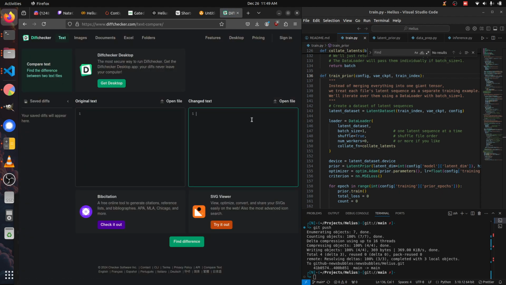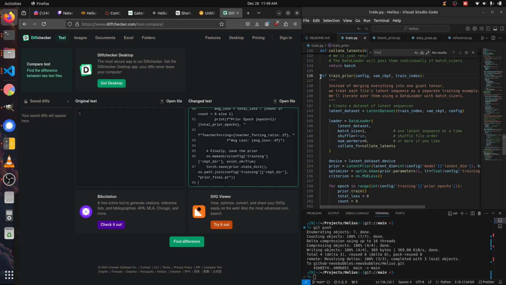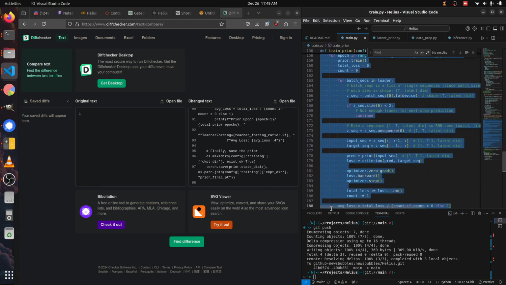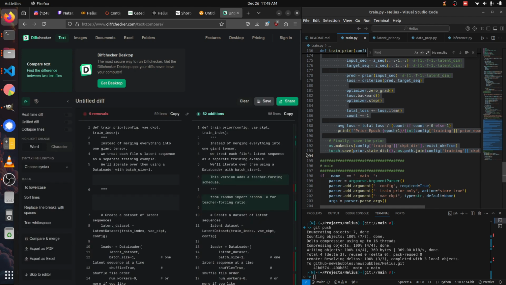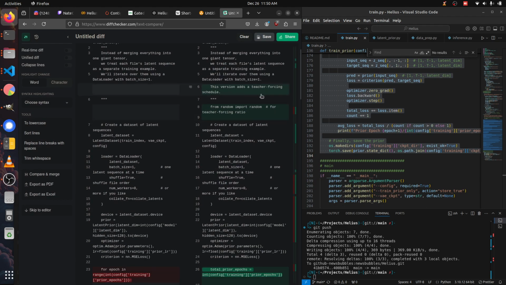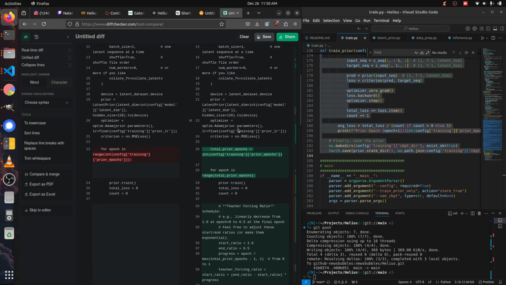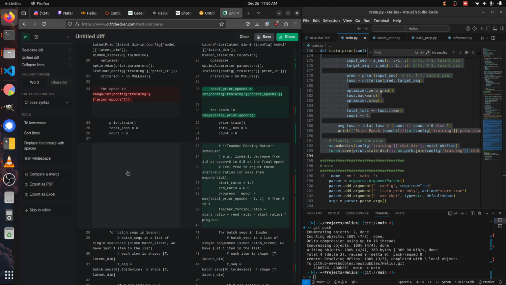Okay, so this is the changed one, so to speak, and this is our original one. Okay, teacher forcing schedule, from random import random, total prior epochs, for epoch in range total prior epochs.